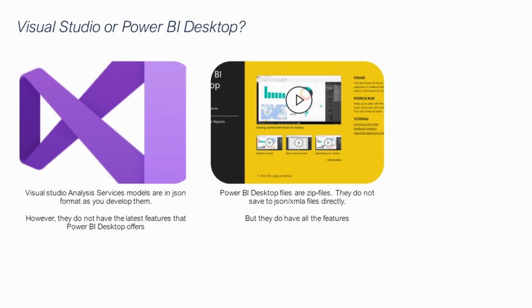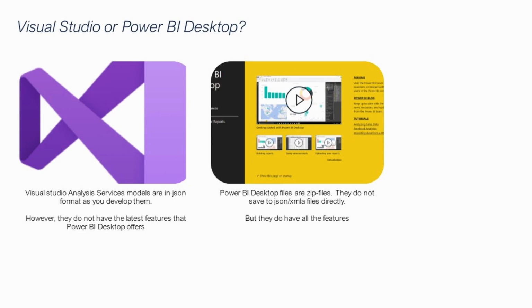You can do it as often as you like. It's also possible to deploy things automatically with PowerShell, because you can use those XMLA endpoints to deploy Azure Analysis Services models to it. So we can also develop models with Visual Studio, create analysis services projects, and deploy them to Premium.